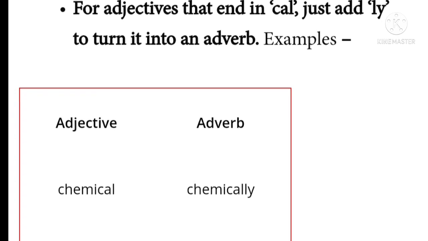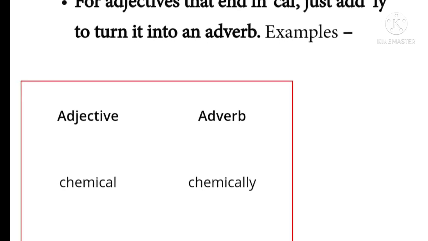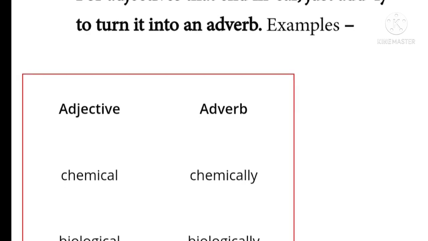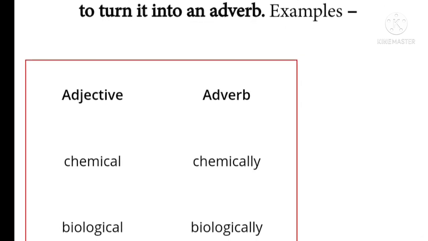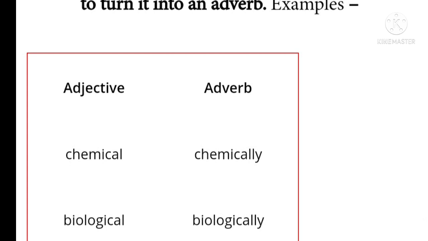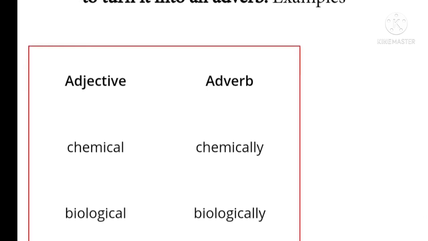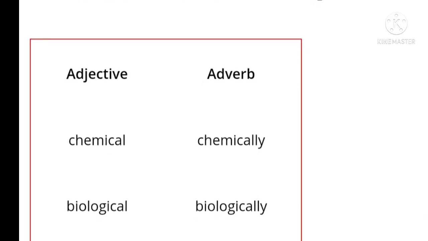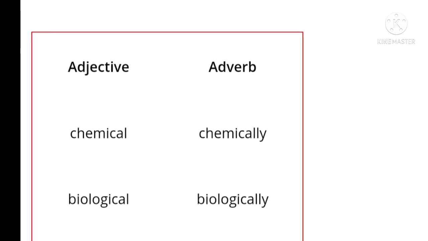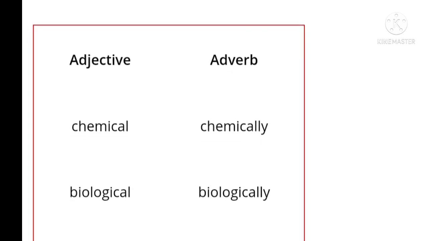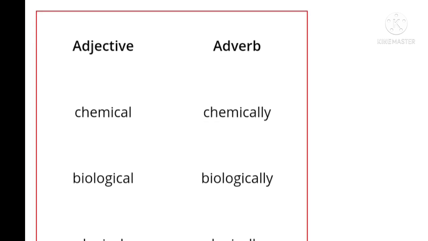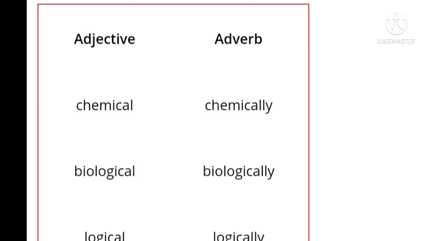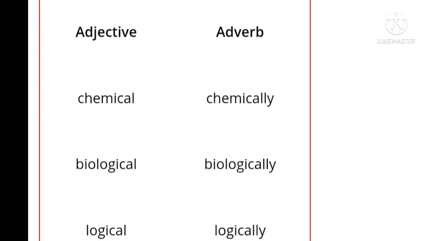Another rule is as follows. For adjectives that end in cal, just add ly to turn it into an adverb, like chemical. You have to add ly to it, so it becomes chemically. In the same manner, the word biological, where you add ly and it becomes biologically.